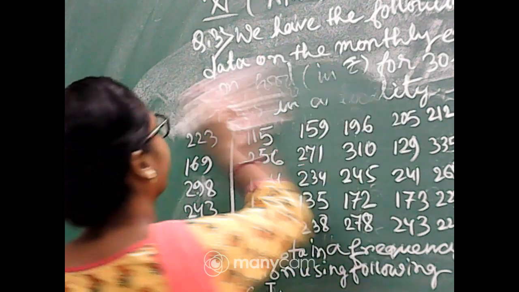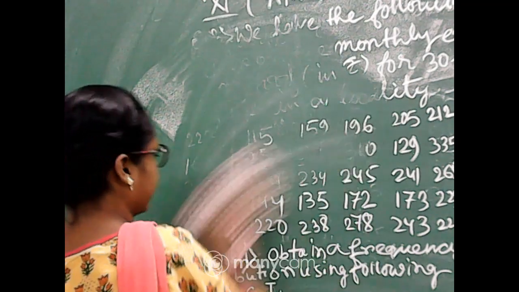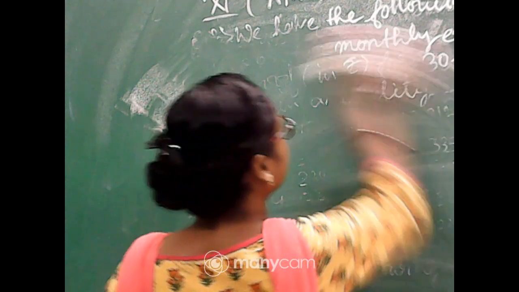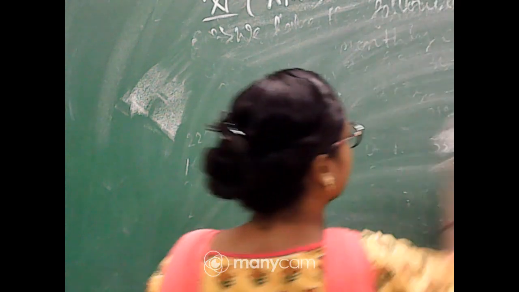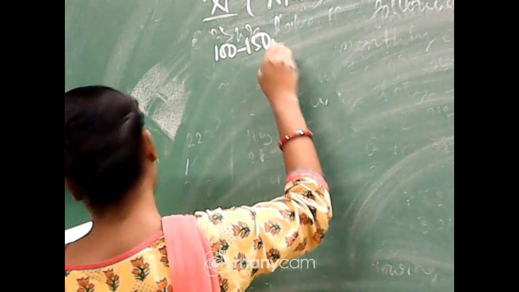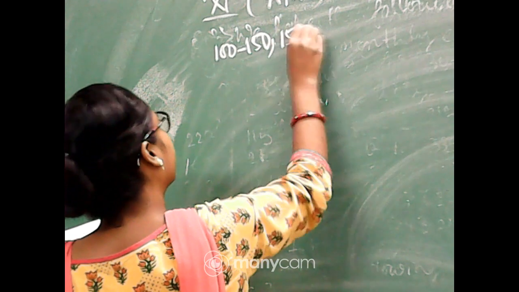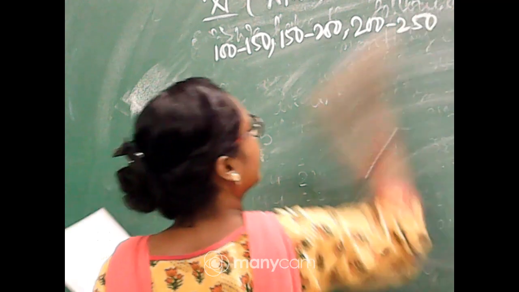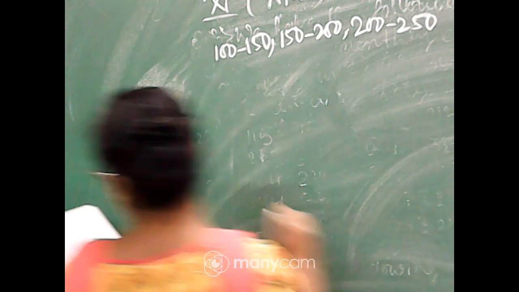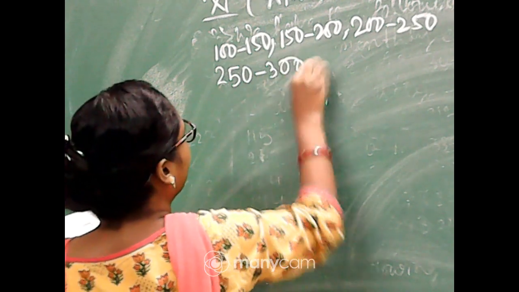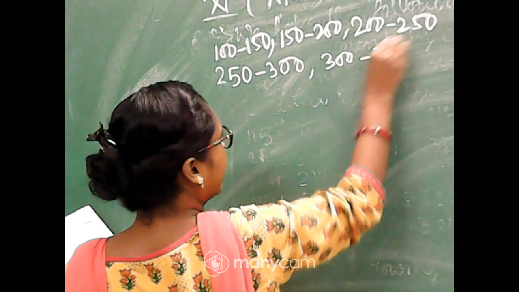Okay. So our class intervals are 100 to 150, 150 to 200, 200 to 250, 250 to 300, and the last one 300 to 350.